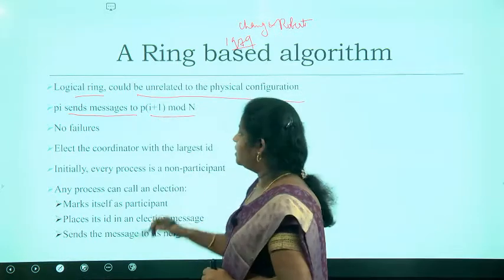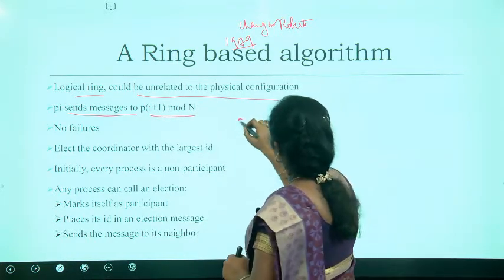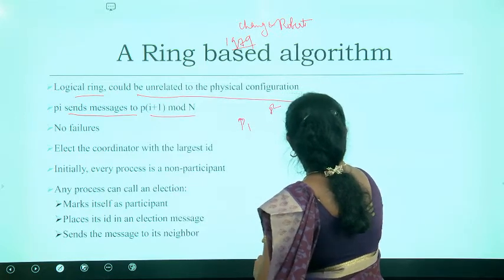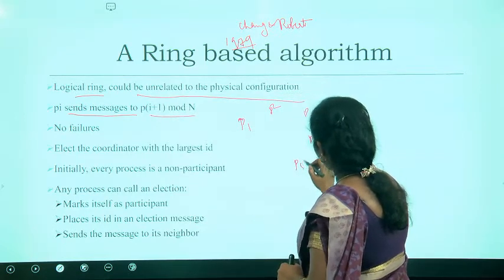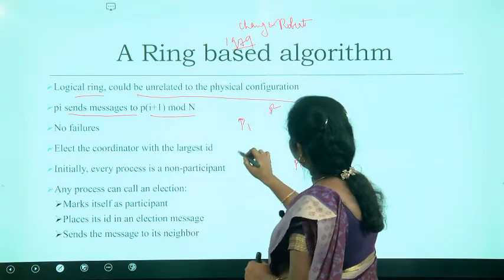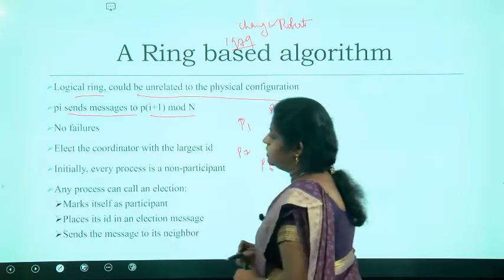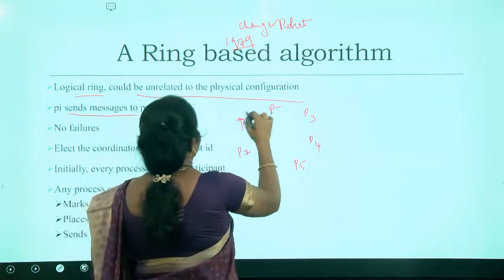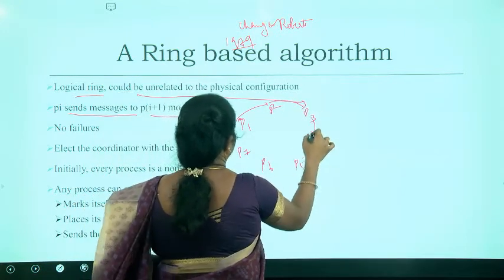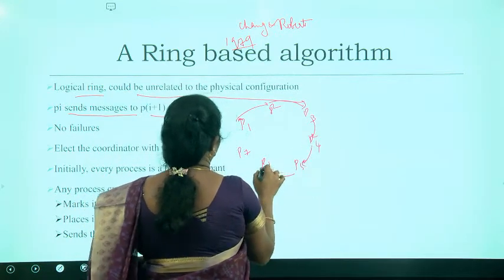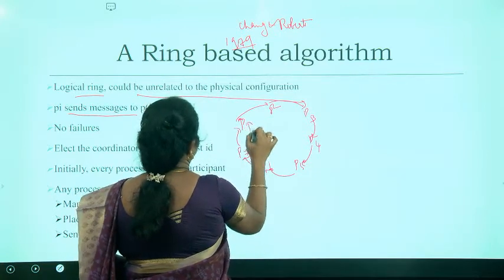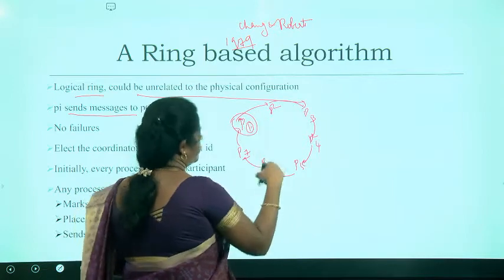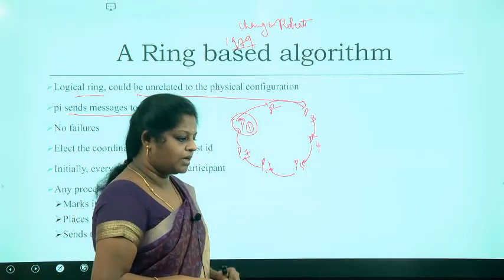Say we have 7 processes, P1, 2, 4, 5, 6, 7. Messages are sent in the clockwise direction, so if one process sends a message, it should come back around to complete one clockwise direction.